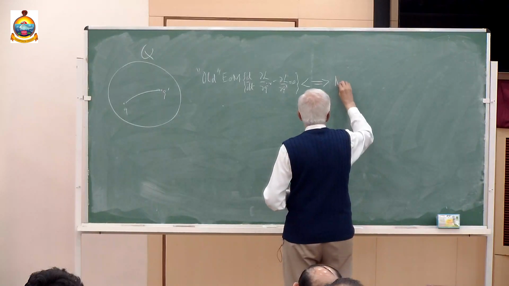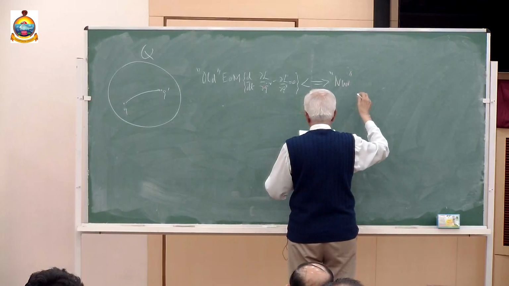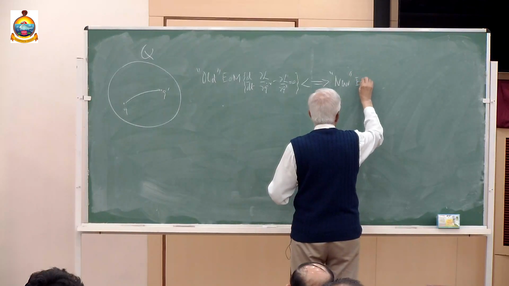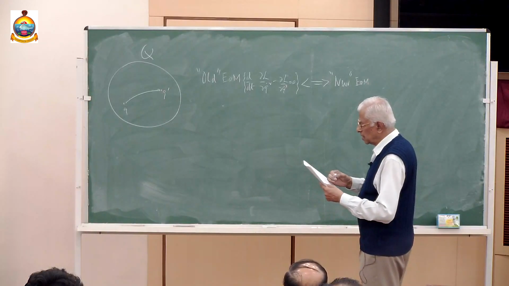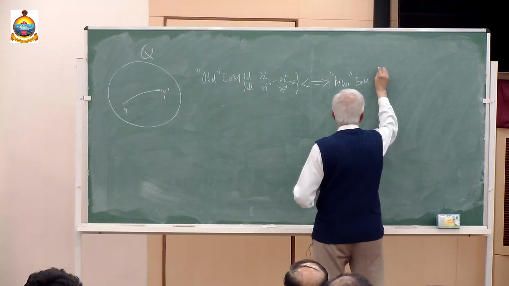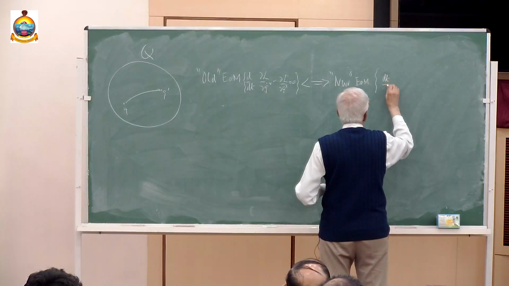So, I will just omit the steps mentioning the action functional, but they are there in the notes which I think are available to all of you. It is equation number 63, and let me just write it in this way.